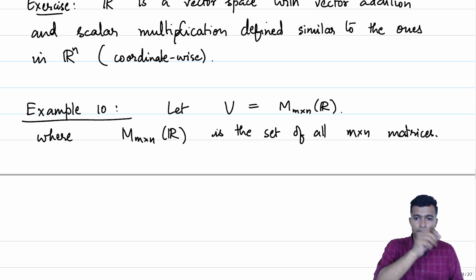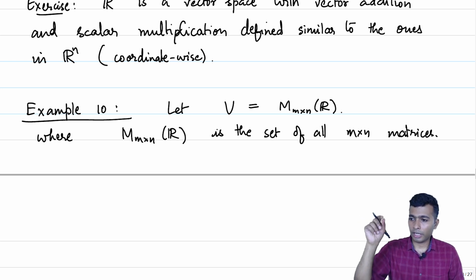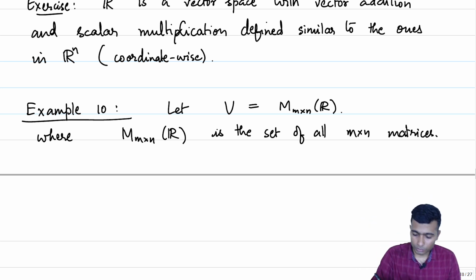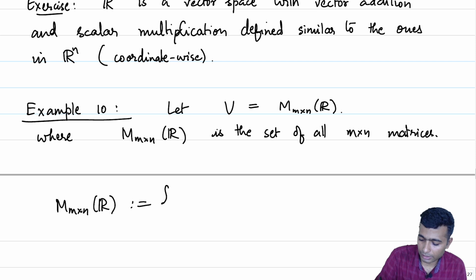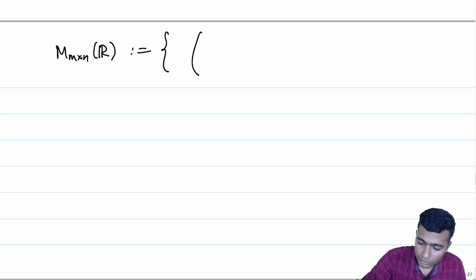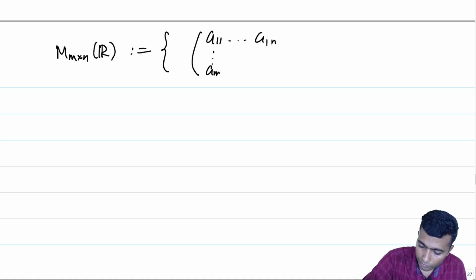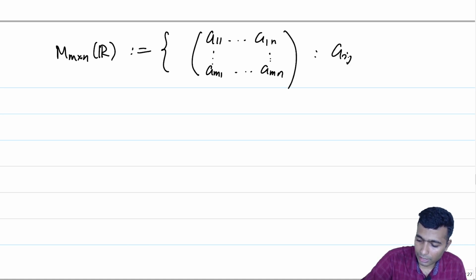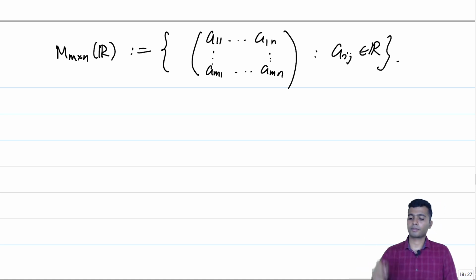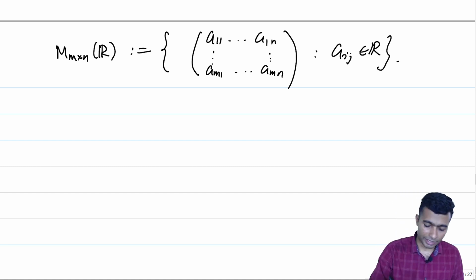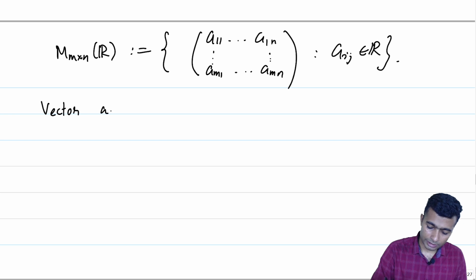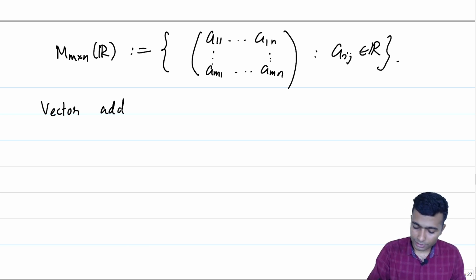So, m cross n of R formally is the set of all elements of this type a11, up to amn, where aij are real numbers. So, what would be the vector addition and scalar multiplication? Again, vector addition and scalar multiplication is coordinate wise.